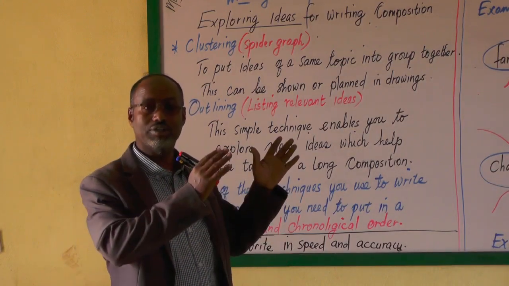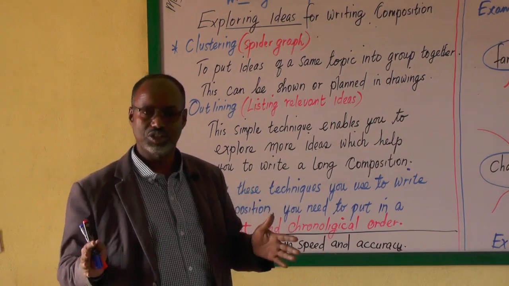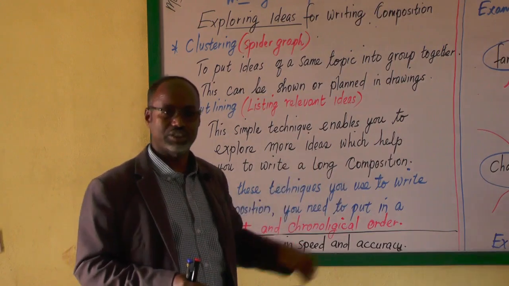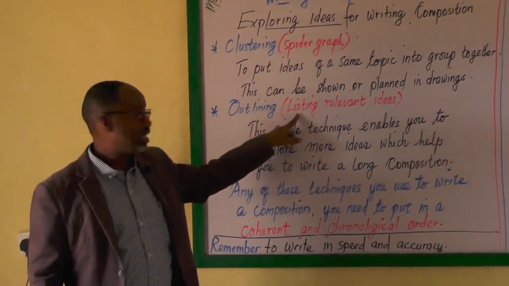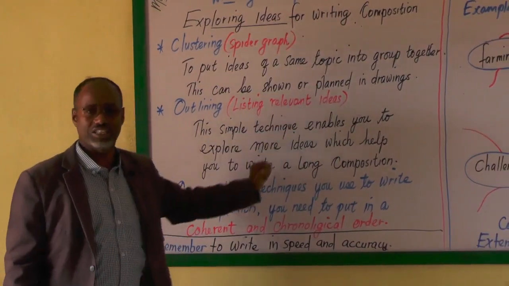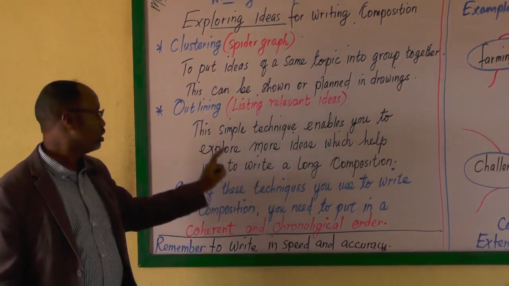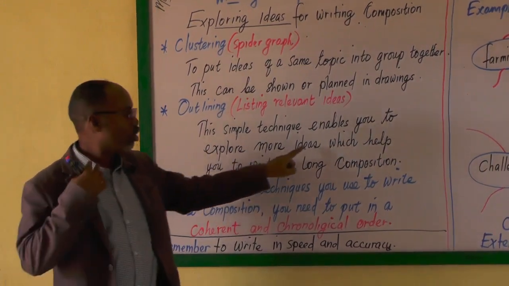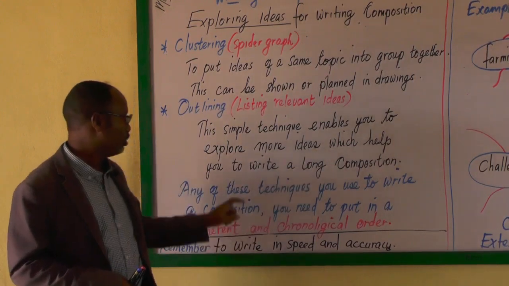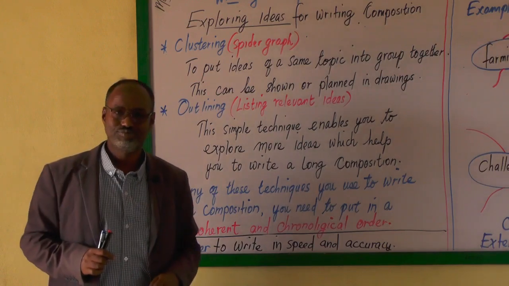If you wanted to write about farming, all your sentences must be relevant to farming. Outlining means listing relevant ideas. This simple technique enables you to explore, to find more ideas which will help you to write a long composition.